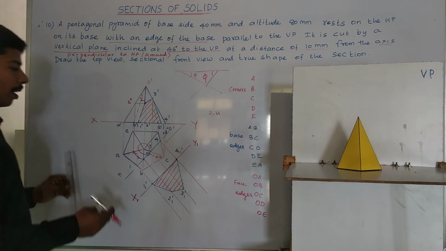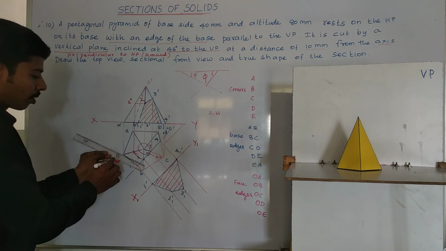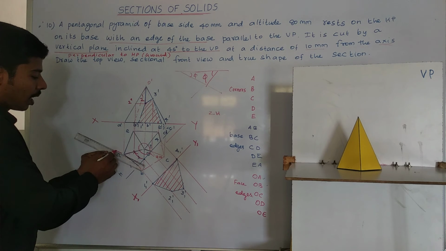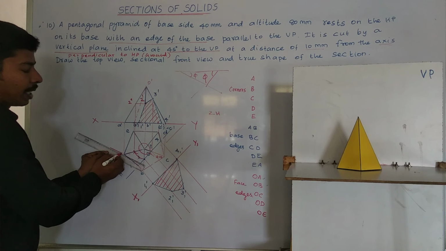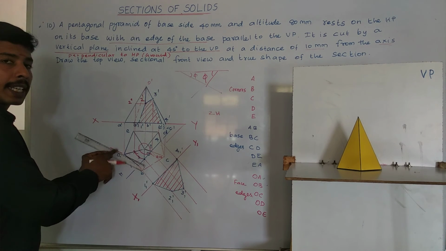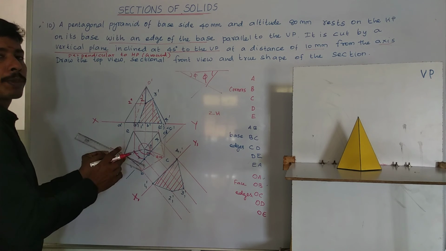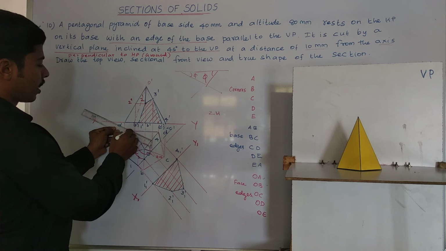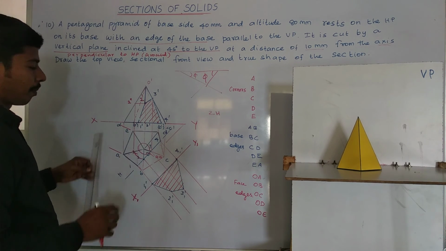First I have to draw one extension line, a line perpendicular to the object. This line should not touch the object. So this is the extension line. We have to give a small gap, 2 mm gap.